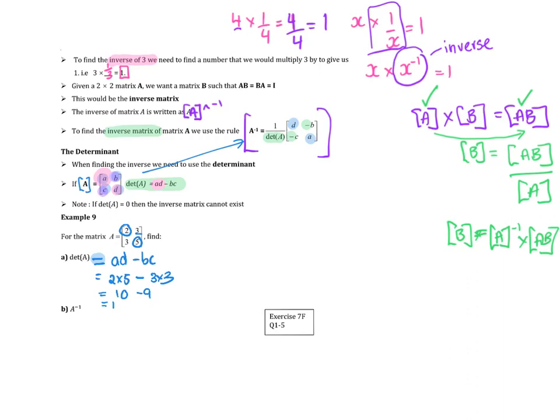All right, now they want me to find the inverse of matrix A. So I'm going to use this rule. I'm going to say 1 over the determinant, which is 1, and then I'm going to times it by. Now I'm going to swap the two numbers. So the D one comes up here, the A one goes down there, and I'm going to make the B one negative and the C one negative.